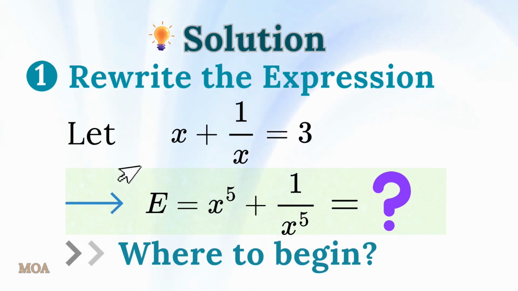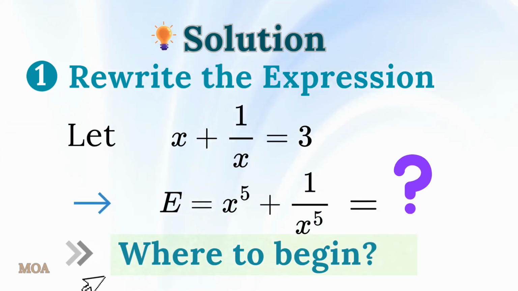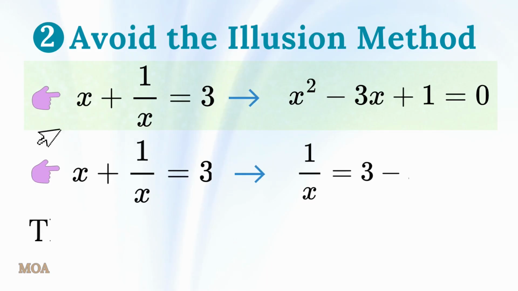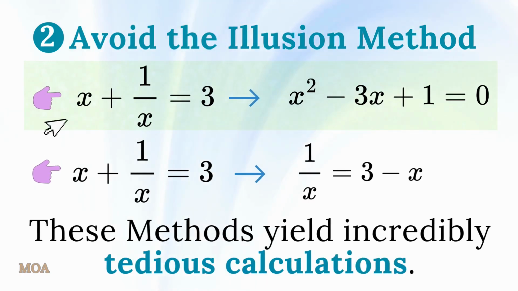Now, looking at this expression, many students ask, where do we even begin to determine the exact value of e correctly and rapidly? Good. At the beginning, let us recall the methods that students should avoid. If a student begins with x plus 1 over x equals 3, then obtains the quadratic equation for x and plugs the roots into e.